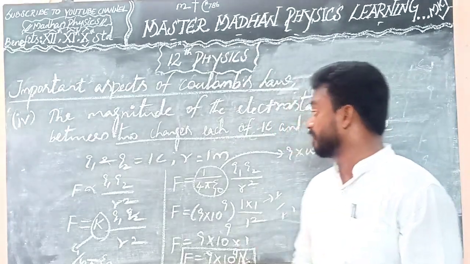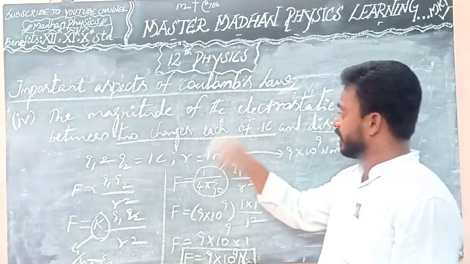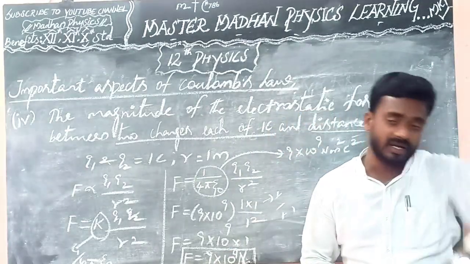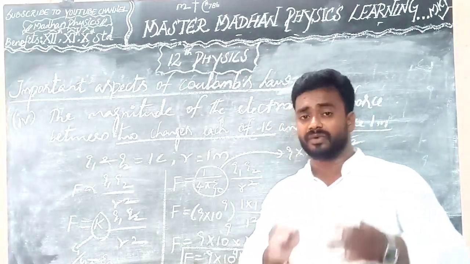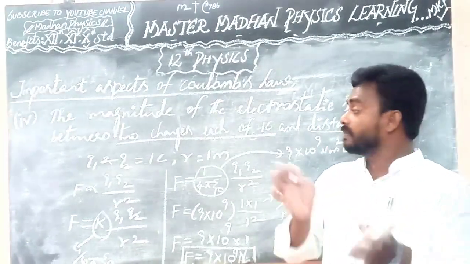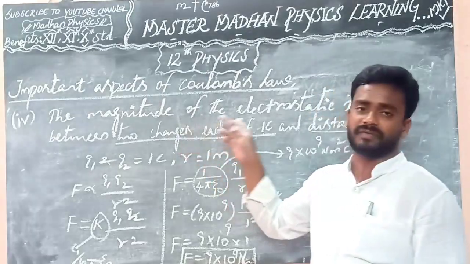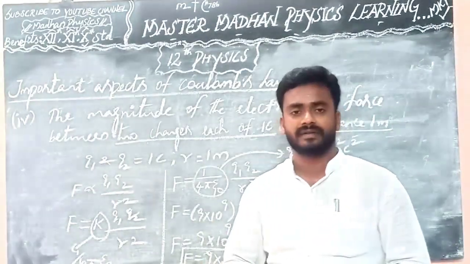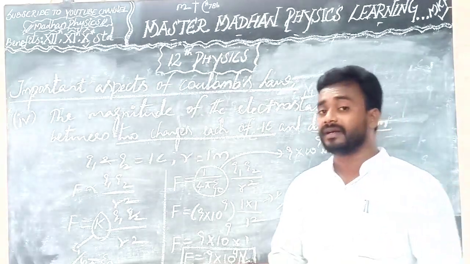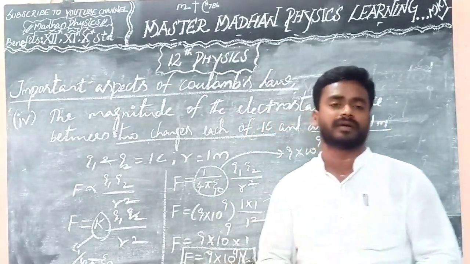Whatever it may be, if the charges value and the distance value are the same, the answer is 9 into 10 power 9 Newton only. No need to change that. If they change the charges value and the distance value, the force value will change. Keep this in mind, it will be very useful for 1 mark. That is very important.